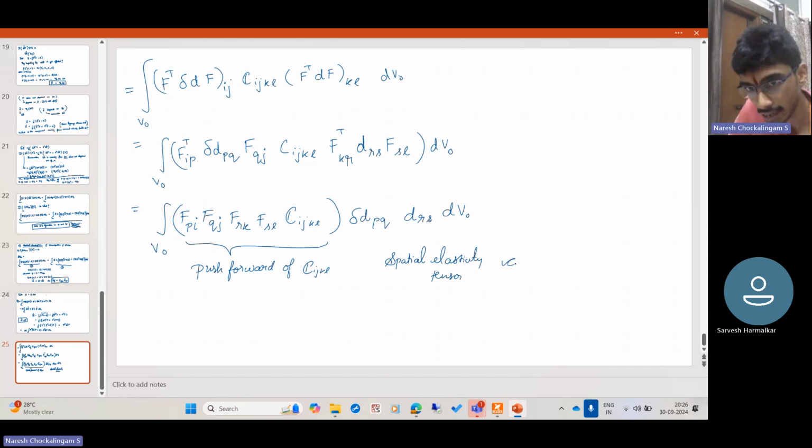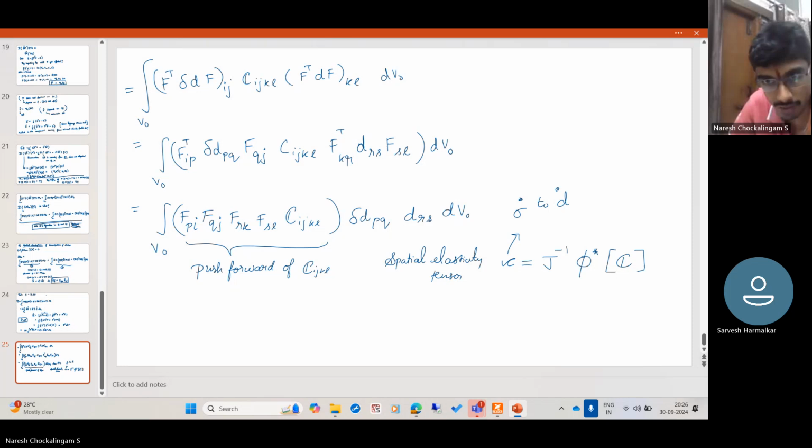Which is italic C, is J inverse times the push forward of the material elasticity tensor C. Right. So this is what related sigma dot to D dot. And this was the relationship.